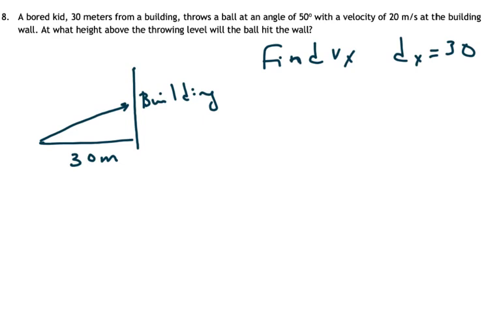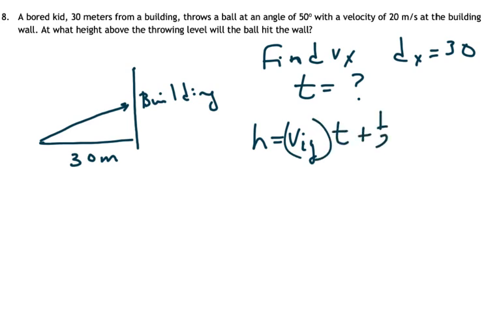Oops. So you want to solve for time. And then you're looking for your height. Let's be consistent, so I'm going to use height is equal to initial velocity in the y direction times time, which you just found, plus 1/2 times gravitational constant times time squared. And that will tell you where it ends up hitting the wall. And you get an answer that your height is equal to 9 meters up.